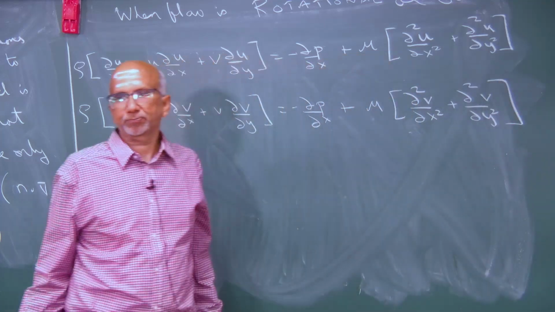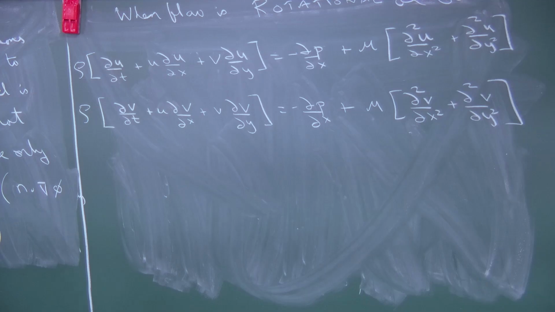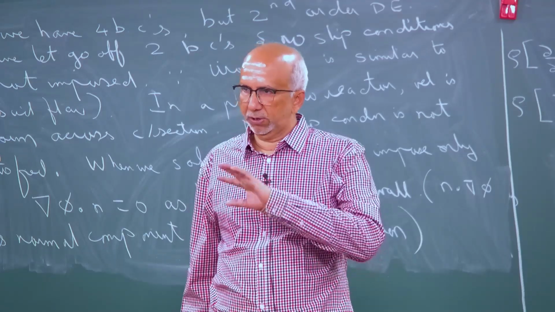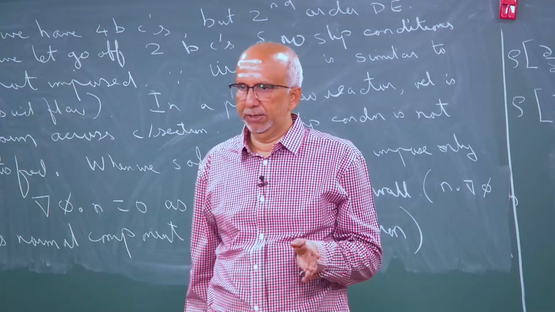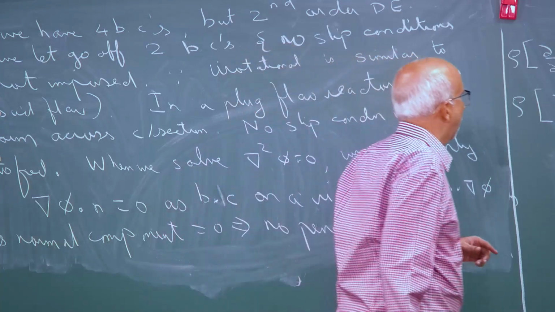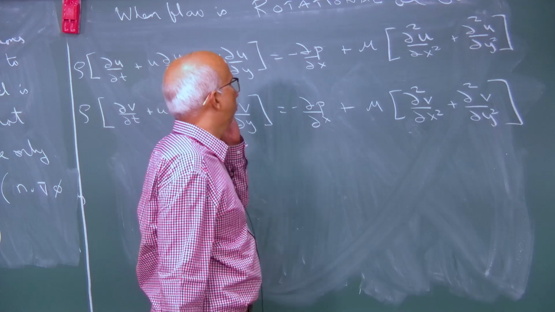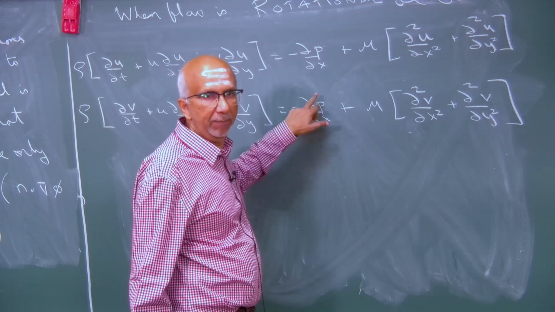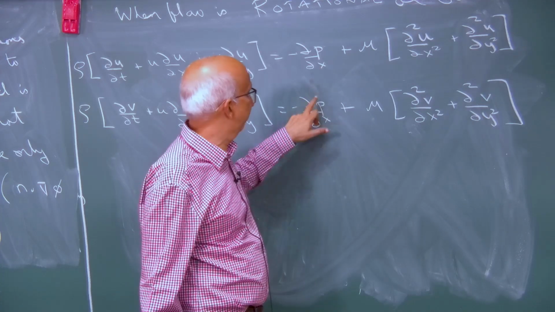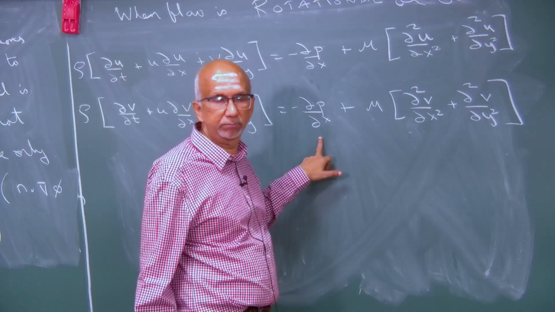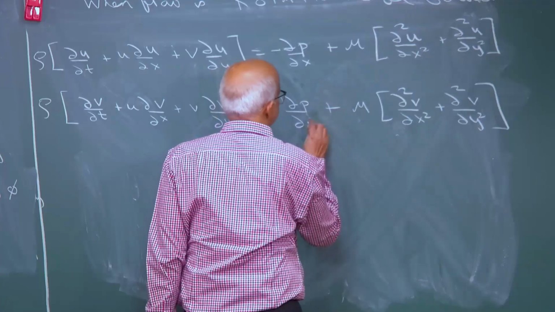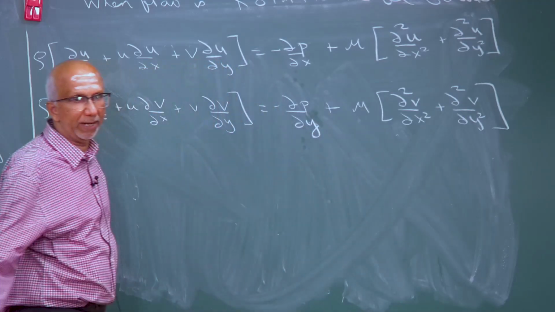Okay. So, what is the thing? I said we are not interested in doing the thing in the primitive variables u and v. I want to convert things to stream function. Okay. So, I am going to write everything in terms of stream function, number 1. Number 2, I am going to eliminate the pressure by differentiating this with respect to y and differentiate this with respect to x and subtract.